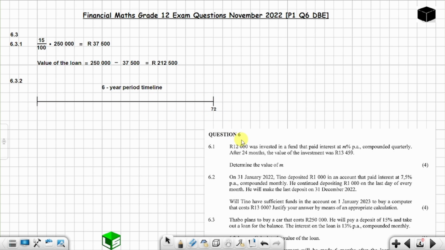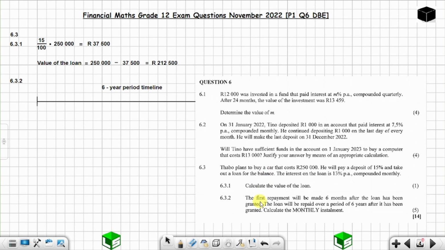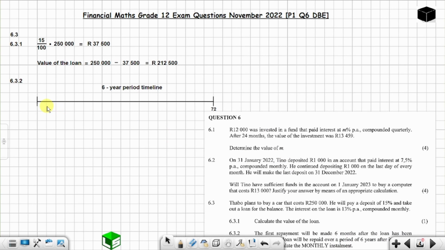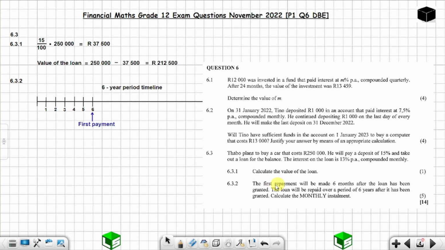Now the first repayment will be made 6 months after the loan has been granted. So 1 month, 2 months, 3 months, 4 months, 5 months, and then 6 months. Now you have the first payment, or the first repayment, made after 6 months when the loan was granted.